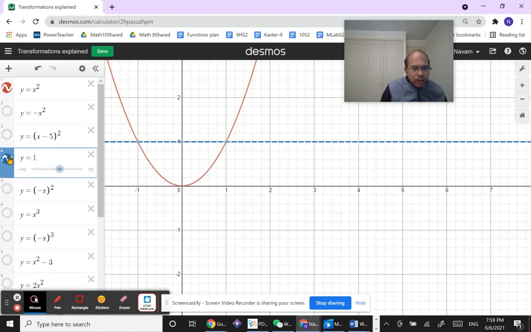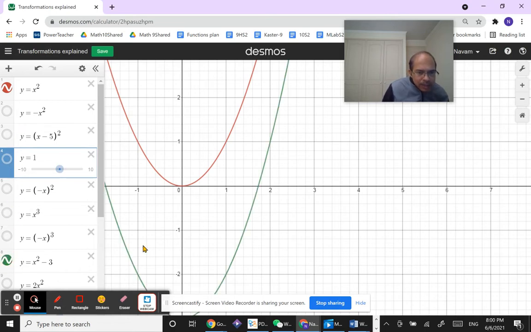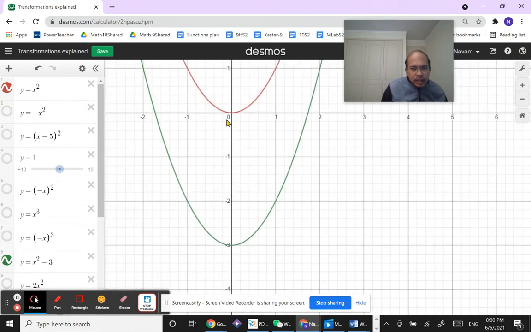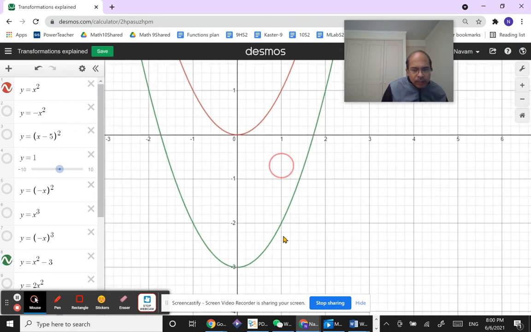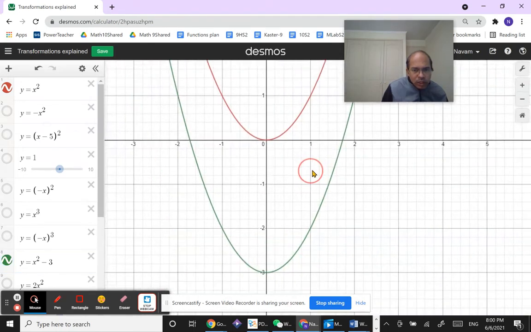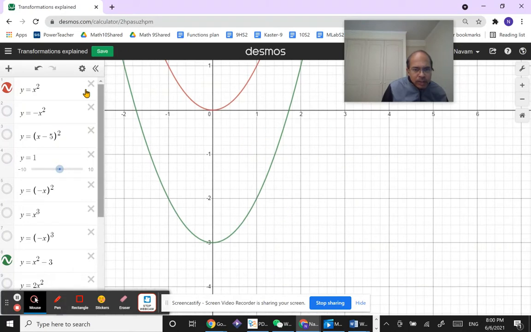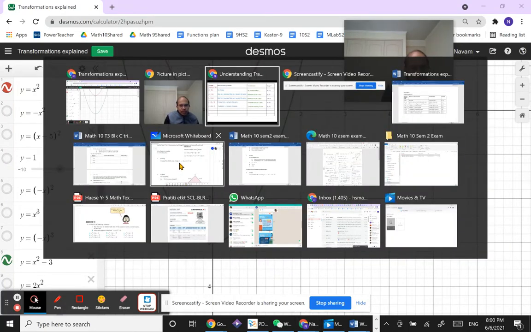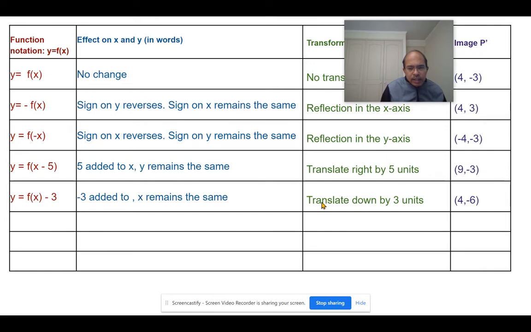If you have y equals x squared, and then y equals x squared minus 3, you can see that, for example, the vertex 0, 0 has simply become a new vertex 0, minus 3. The shape of the curve doesn't change, it just moves down by 3. So this particular transformation is a translation downwards by 3 units, where the y value becomes 3 less than its original value.